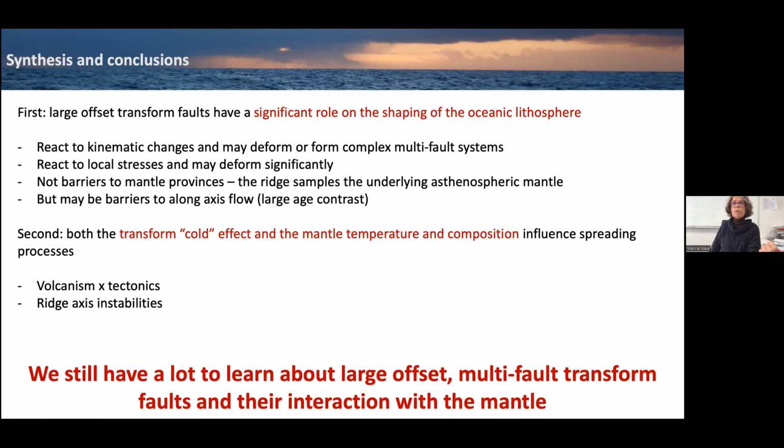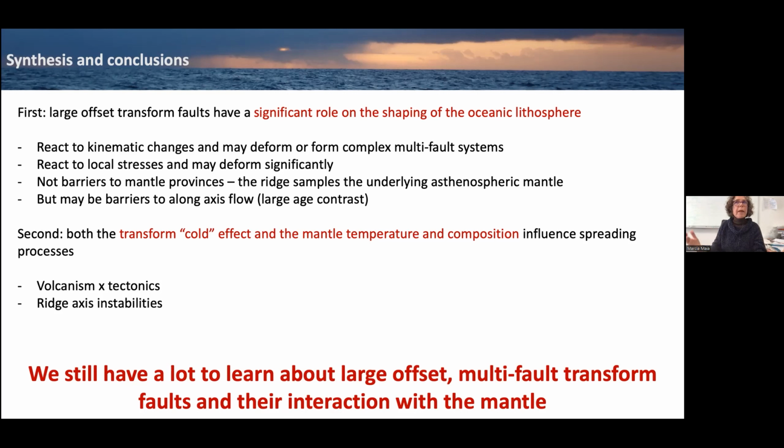They react to local stress and may deform significantly, and that's what we see with the origin of Atoba Ridge, which is linked to the increasing length of the North segment that is propagating southwards and trying to enter the transform domain there, and this induces local deformation.